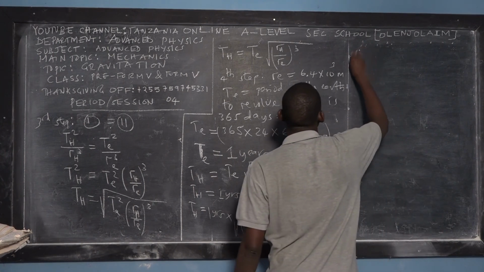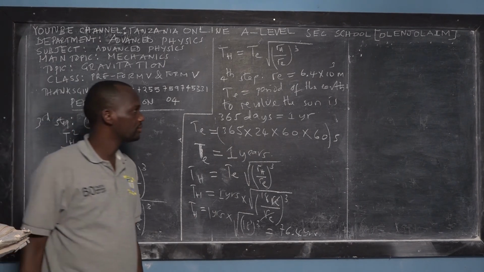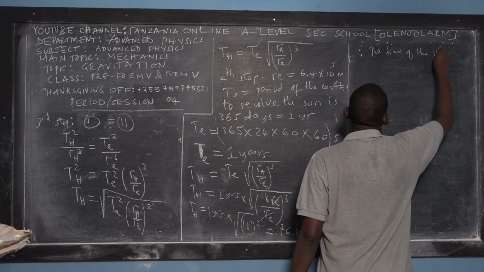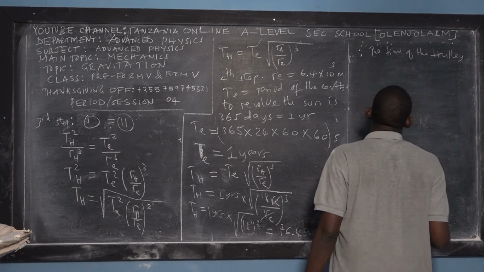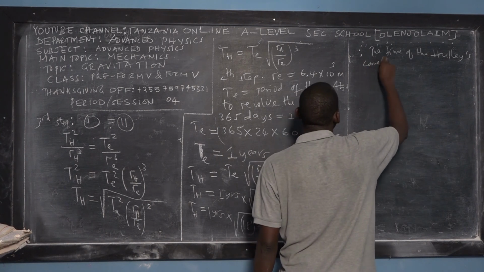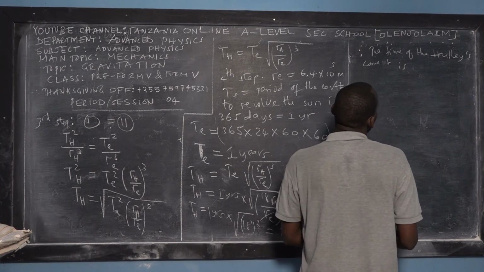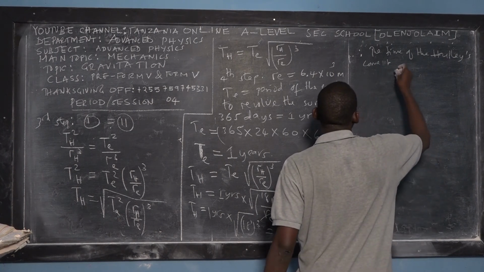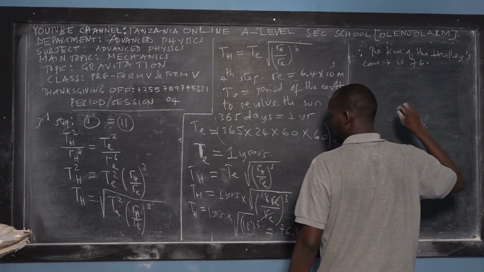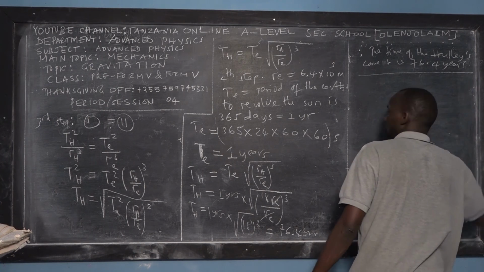Therefore, because the question was asking for the period of Halley's comet, you say that it's 76.4 years. You are done. Right?